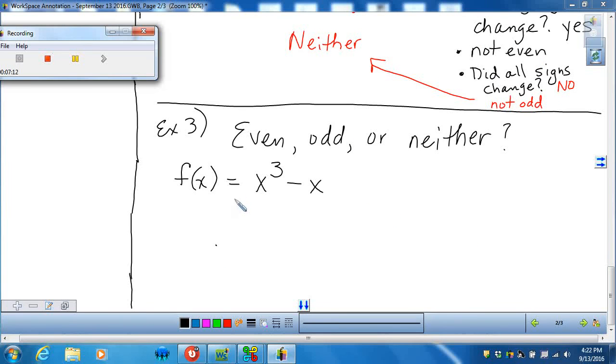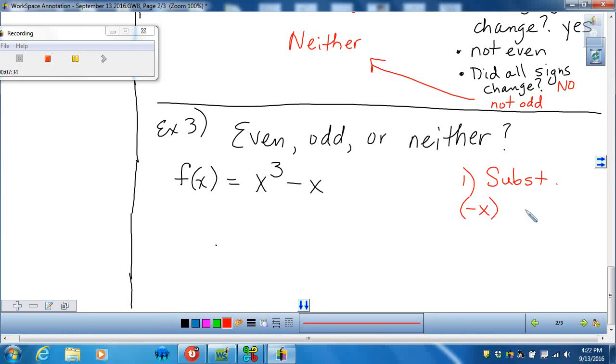Okay, now for our third and final example, even, odd, or neither. Again, f of x is equal to x cubed take away x. So I want to know if it's even, odd, or neither. My first step, just like before, is we are going to substitute the opposite of x for each x.